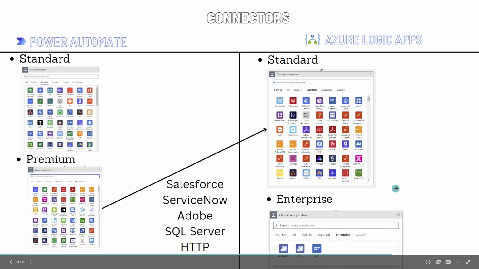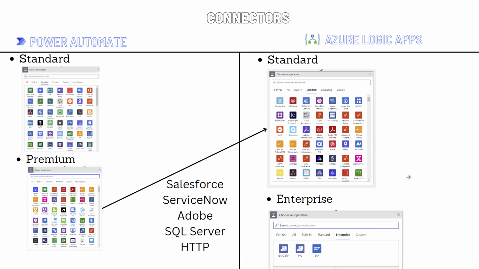Now the enterprise, there's just a few connectors here: SAP, MQ, IBM 3270, and these were part of, I guess, a different model, especially with something called ISE, Integration Service Environment, where you would get some entitlement around these. And as a result, these were bucketed differently and at one point were metered differently as well.